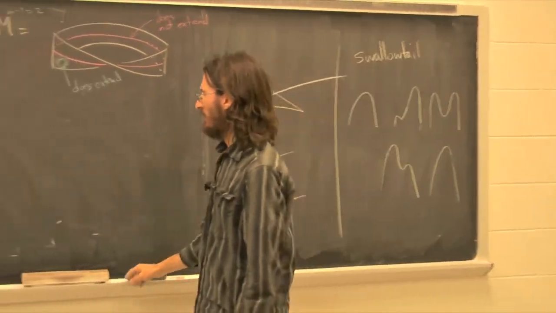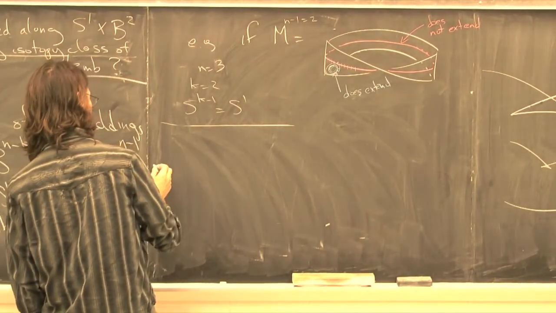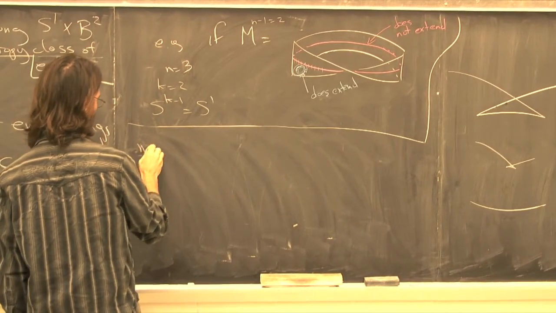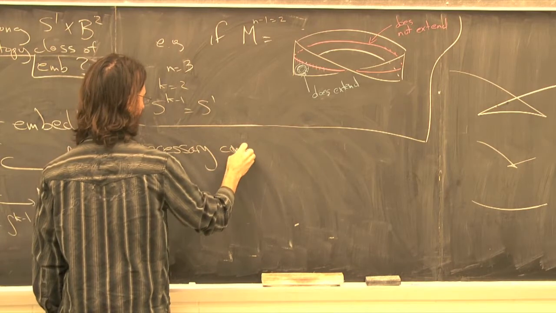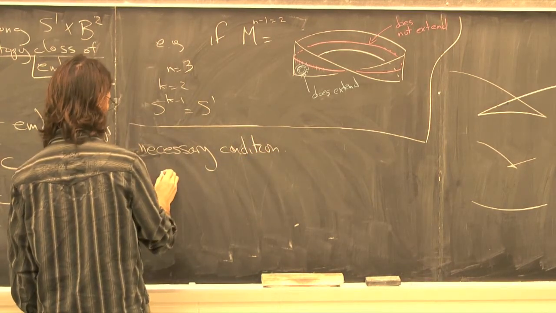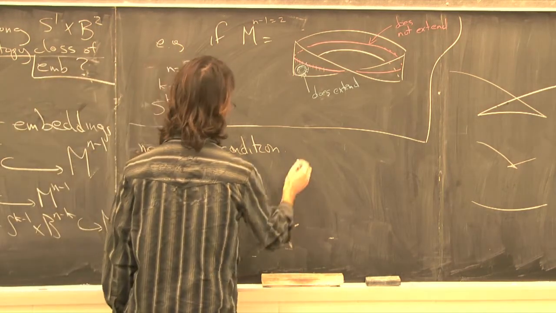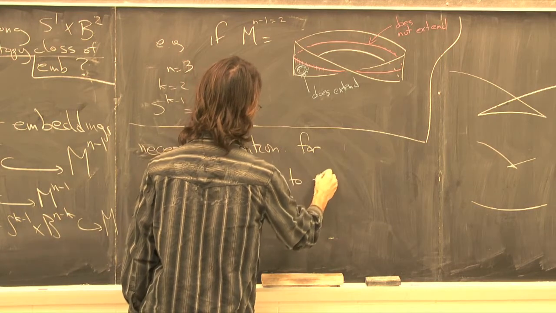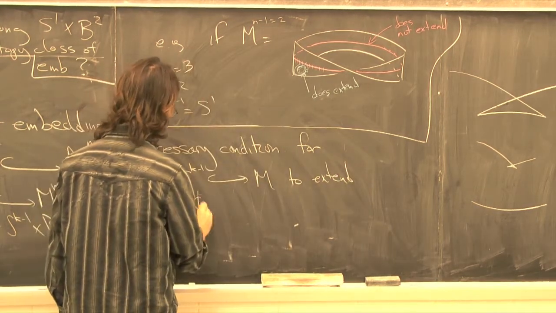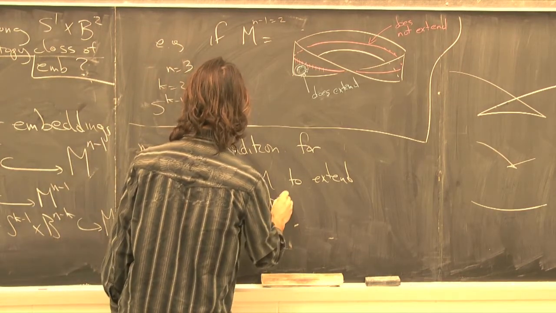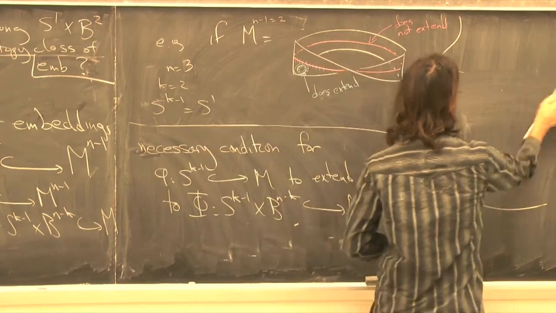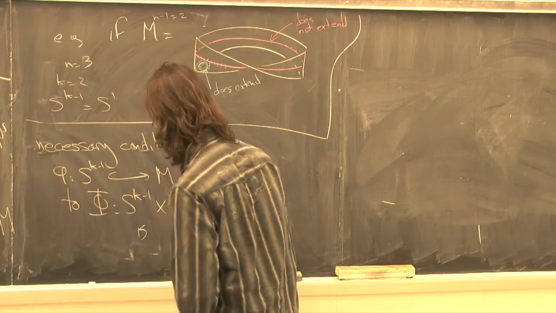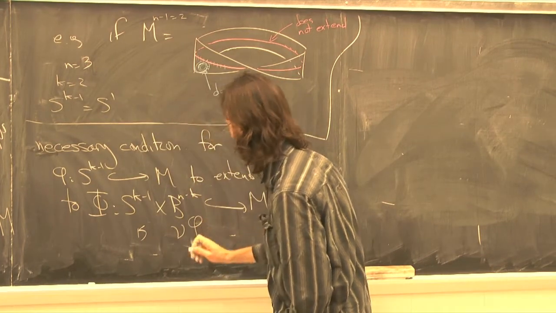Okay? So a necessary condition for some phi from S^(k-1) to M to extend to a capital Phi from S^(k-1) cross B^(n-k) into M is that the normal bundle, some people say the normal bundle of phi, which is probably technically the best way to say it, is trivial.